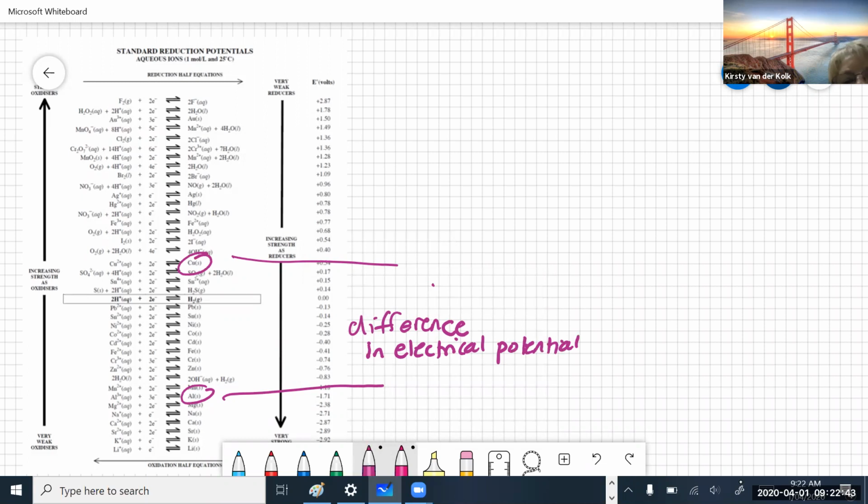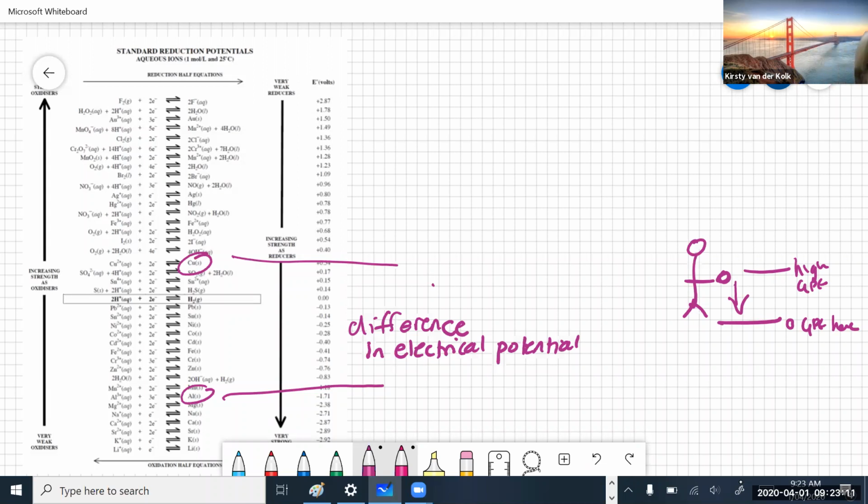And just like the ball, when you've got a high gravitational potential energy here, and you've got 0 gravitational potential energy here, when you let go, that ball is going to move from higher potential to lower potential.